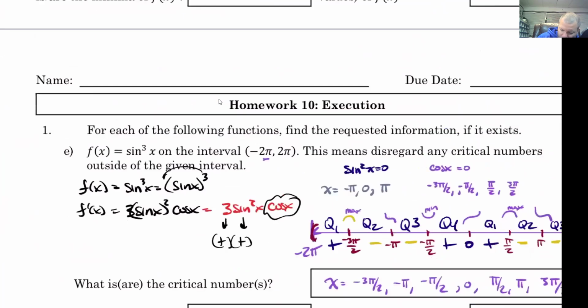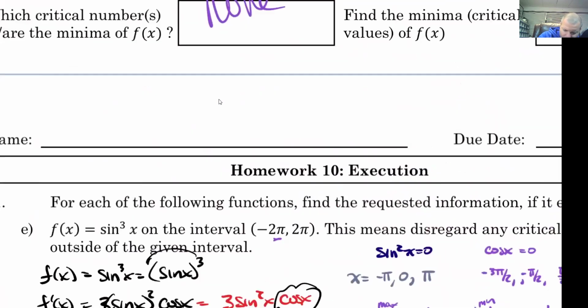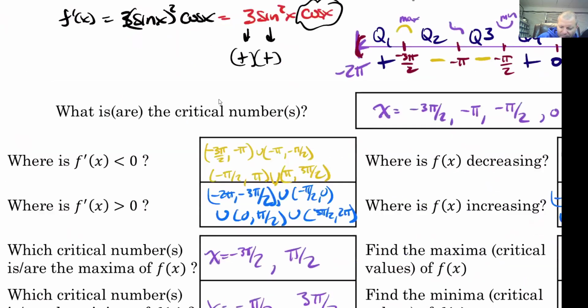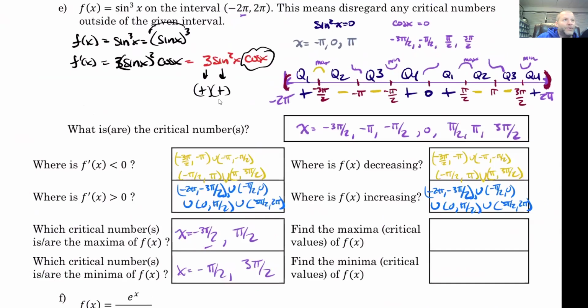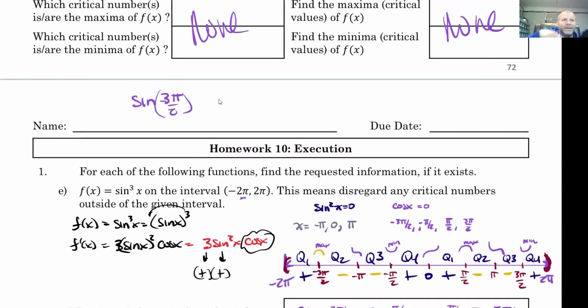All right, so to find those values, we could plug it in. Sine of negative 3 pi over 2 means that we're at the positive y-axis, right? We've rotated back to pi over 2. So sine of pi over 2 is going to be 1.